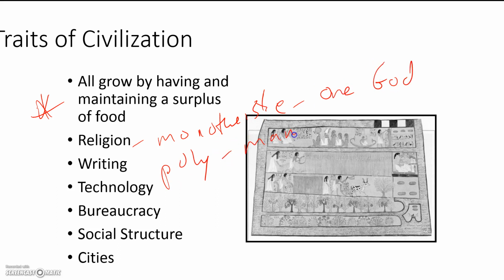Polytheistic means they believe in many gods. Now notice how God is uppercase and gods lowercase here. They all have some form of writing, technology, a bureaucracy, or higher order of government, social structure of classes of people, and then the development of cities.